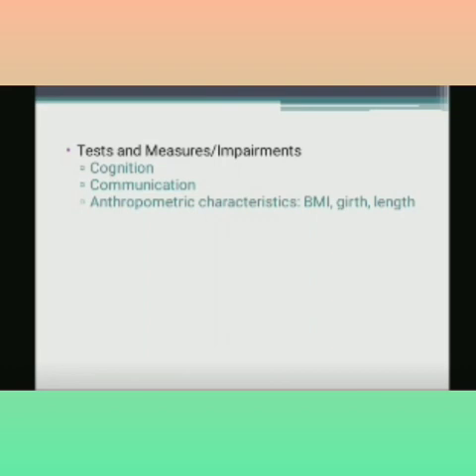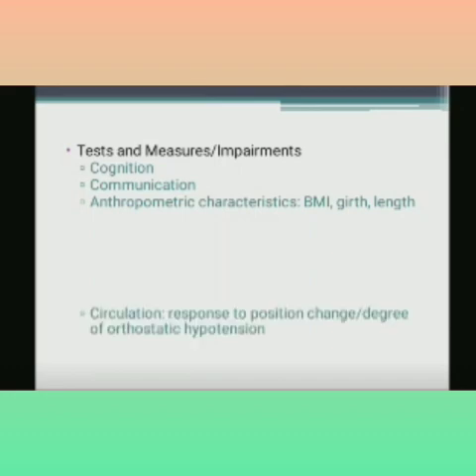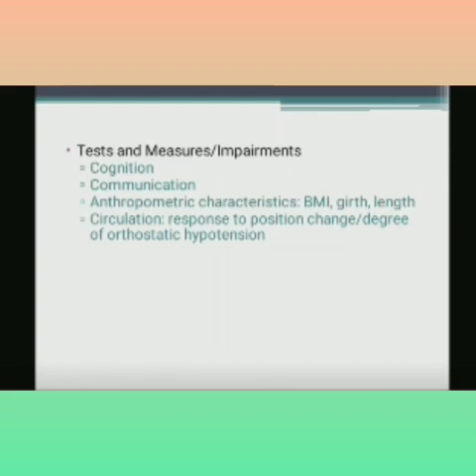Then other bodily characteristics like BMI, girth of the limbs, and any length changes in the limb have to be measured. You need to know about the circulation.